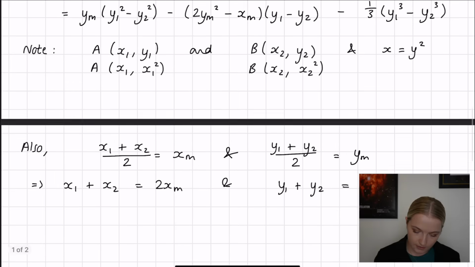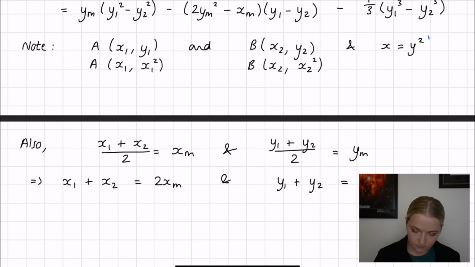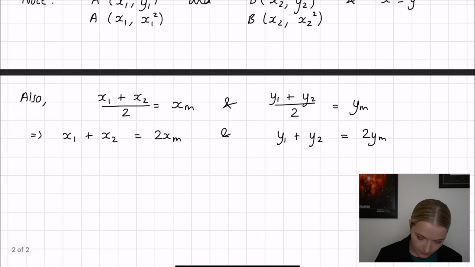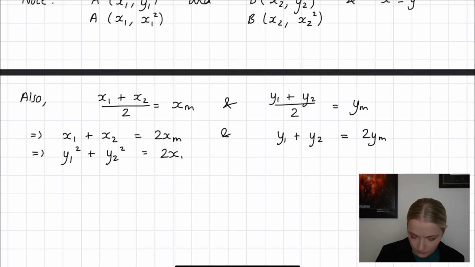Now recall what I just said here. We know that x is y squared, so this can also become y1 squared plus y2 squared equals 2xm.